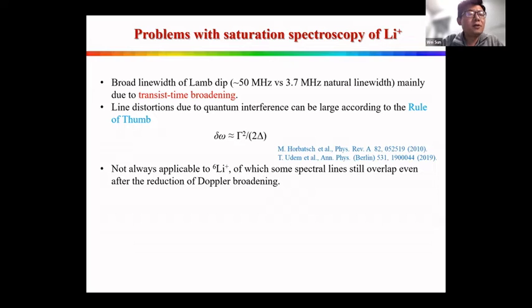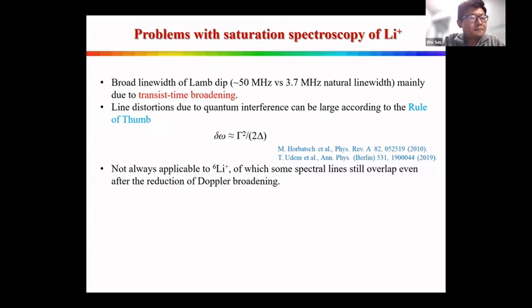Besides, according to the rule of thumb, which is often used to estimate the magnitude of quantum interference, the shift caused by quantum interference is proportional to the square of the obtained linewidth, which implies that the quantum interference might cause severe line distortions in the saturation spectroscopy.